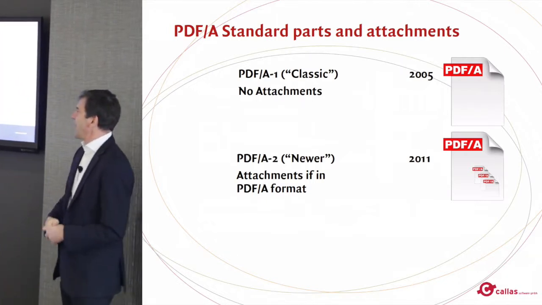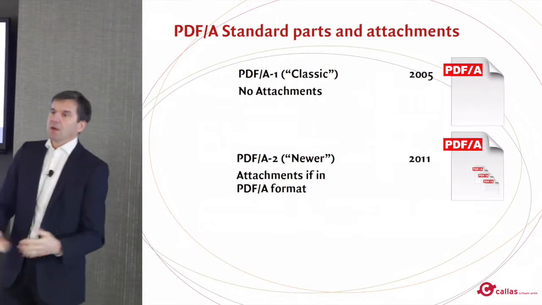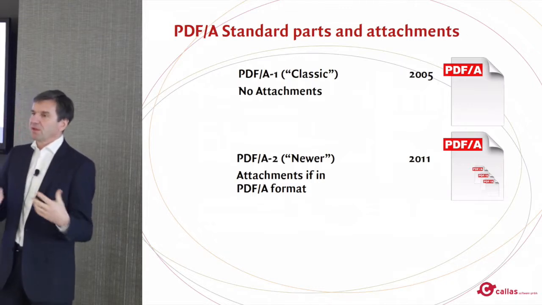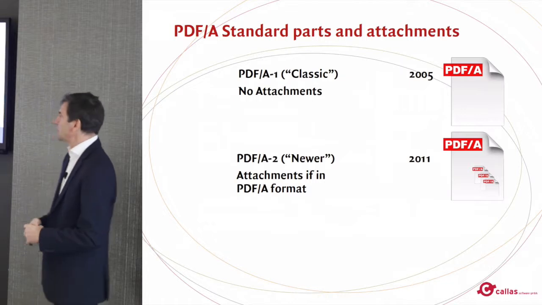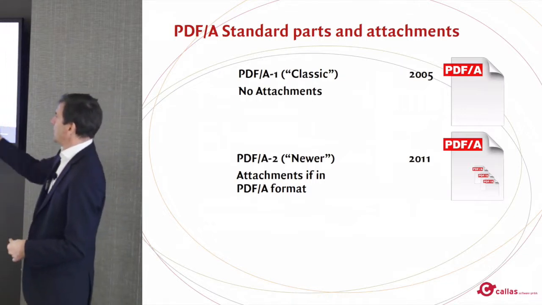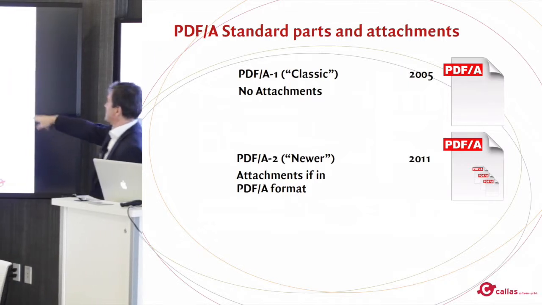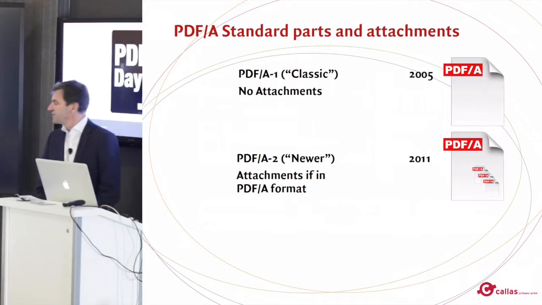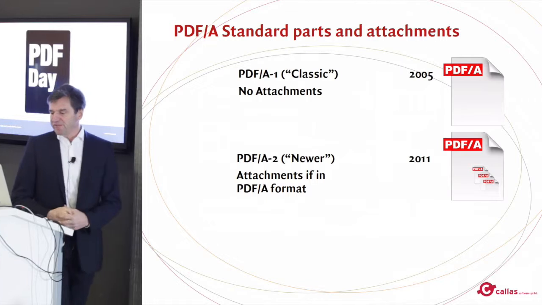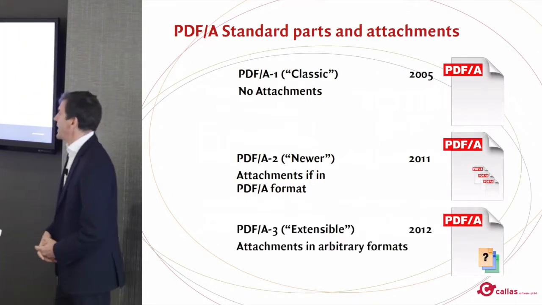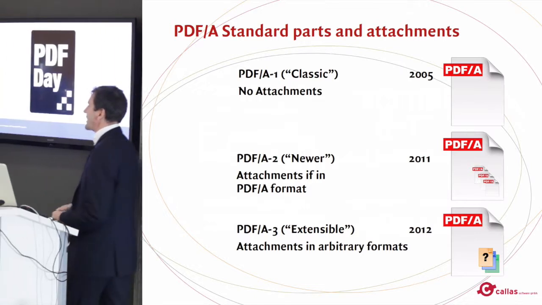And because PDF A is about archiving and has a concept about how to design a file so that it has everything you need in order to display it, it makes sense to apply this rule also to the attachments. So each and every attachment in PDF A-2 needs to be a valid PDF A file. And then only one year later, A-3 came out.